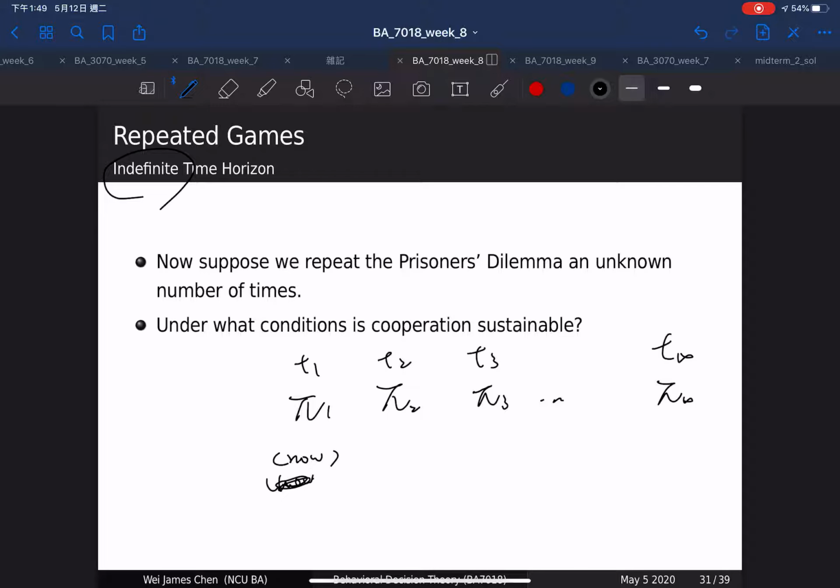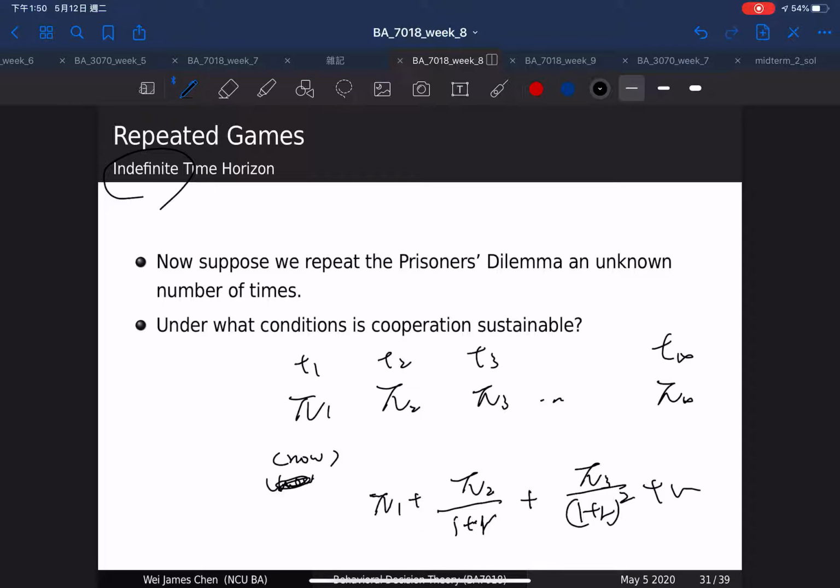Basically, I discount the payoff using the present value method: pi 1 plus pi 2 divided by 1 plus r, plus pi 3 divided by (1 plus r) to the power of 2, and so on. Remember we did the present value in one of the previous chapters?